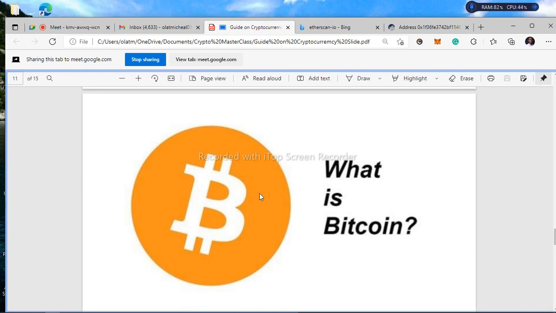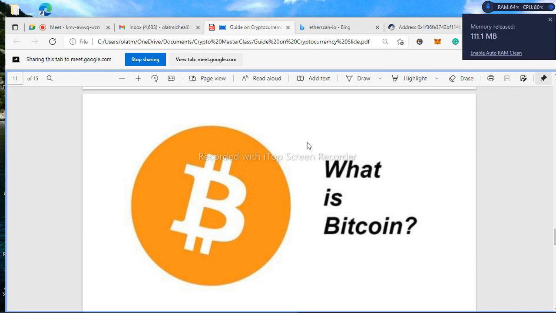Now we all know that Bitcoin itself is the originator of cryptocurrency. Bitcoin is what gave birth to all other cryptocurrencies today. And Bitcoin didn't just appear out of thin air. It was developed by an unknown person who named himself Satoshi Nakamoto, and to date nobody knows his identity.